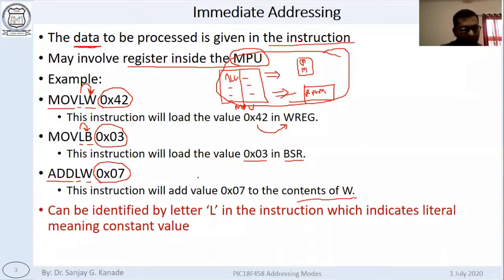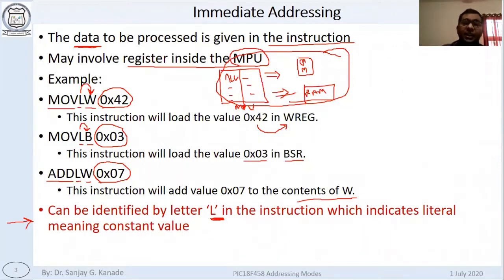One simple way to identify the addressing mode is when you find the letter L inside the instruction. Because if you remember, whenever there is L in the instruction, it stands for literal. Literal means the actual data or the value, right? So that value is directly given in the instruction.